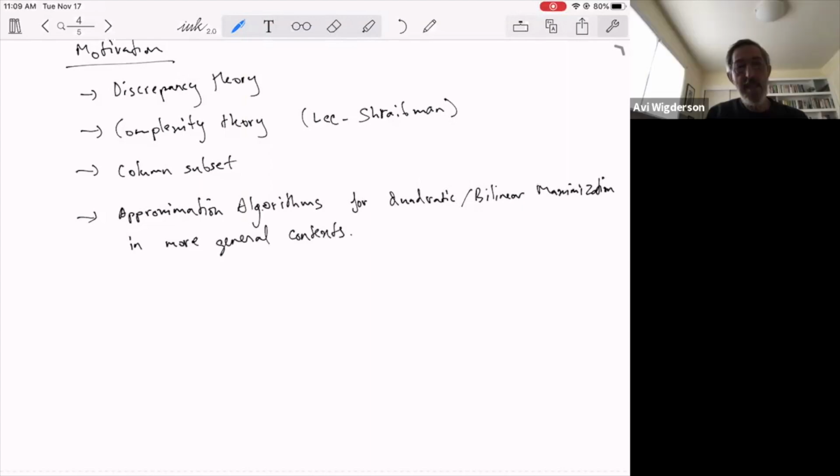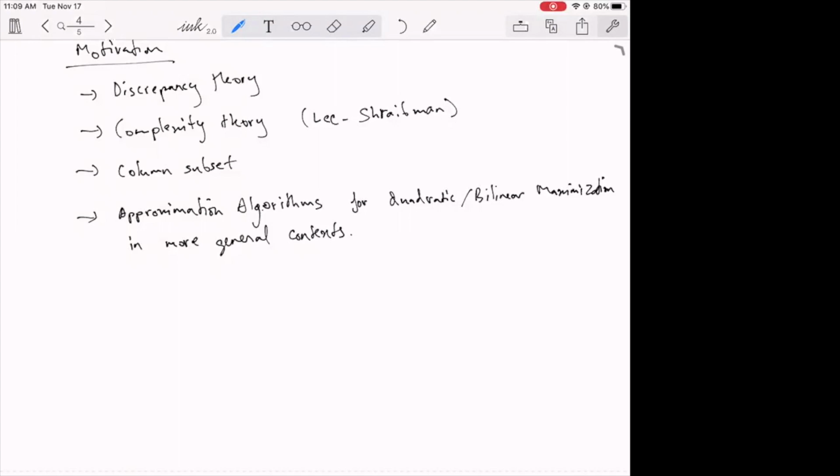Okay. But if you just look at bilinear maximization, this is what Noga and Asaf did in their papers. If you look at just the bilinear question for L infinity, this is just computing the cut norm of a matrix, right? Yes.